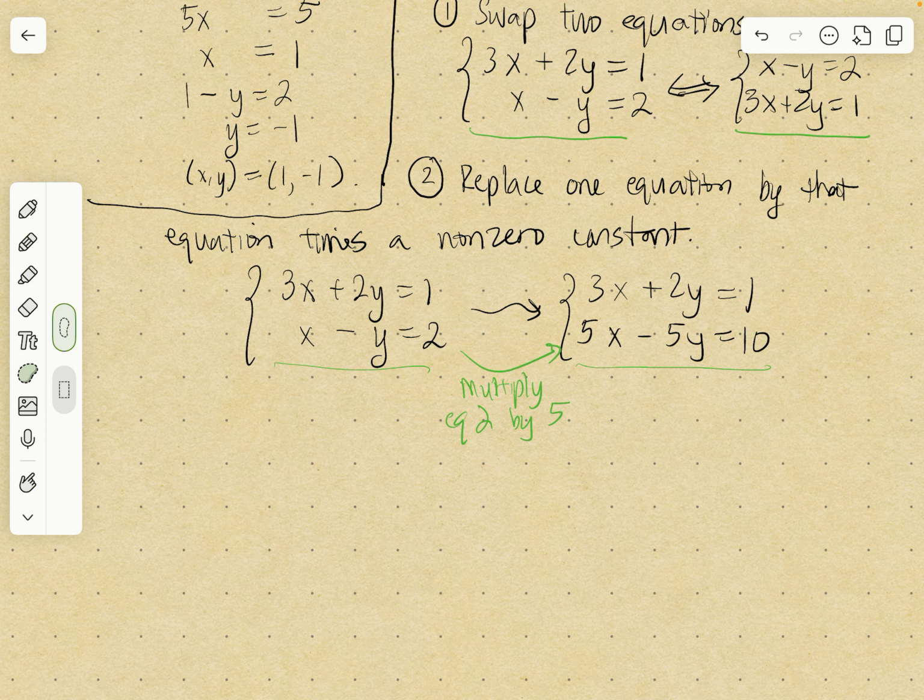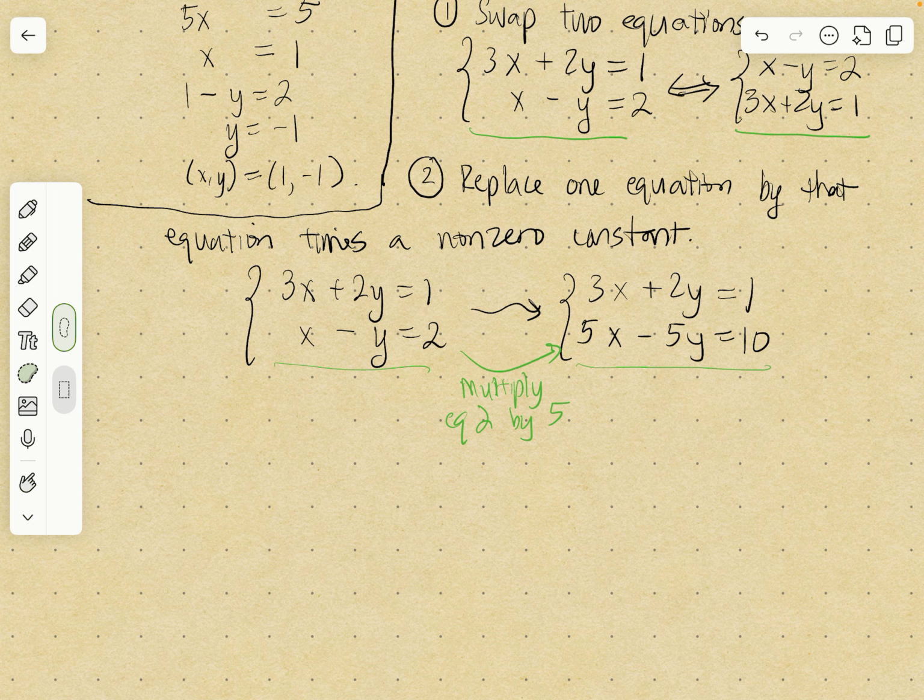That's because if you know that x minus y is 2, then certainly 5x minus 5y will equal 10. And if 5x minus 5y is equal to 10, then certainly x minus y is equal to 2, right? So one equation, x minus y equals 2, is true precisely when 5x minus 5y is 10. I'm somehow not changing the x and y. I can't have one equation be true but not the other.